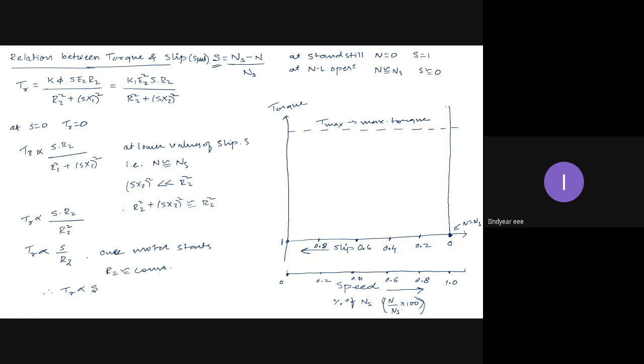So it is very much clear from equation 1, let me take this as equation 1, that torque is proportional to slip. Now the question is, is torque always proportional to slip? No doubt here it is obtained that torque is proportional to slip.